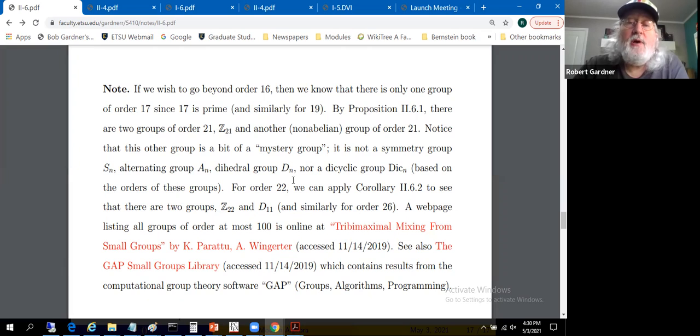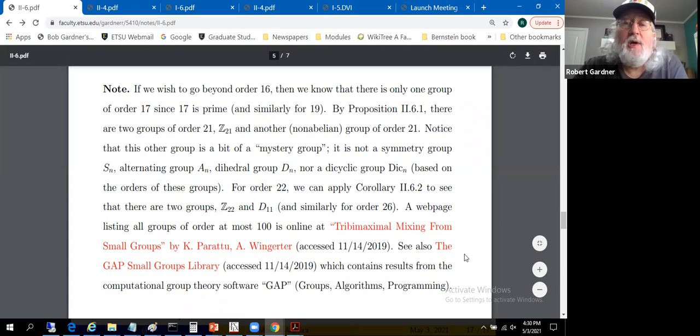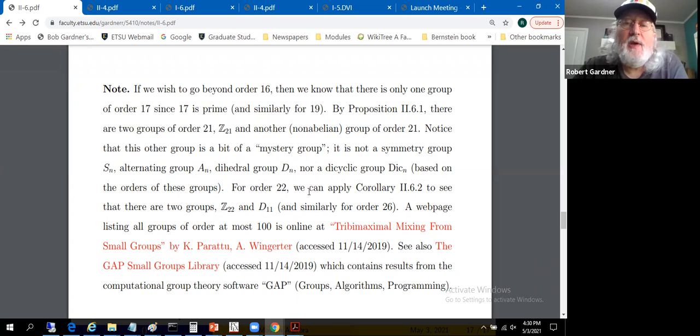Dihedral groups are of order 2n, 21's odd. Dicyclic groups were 4n. It's not 0 mod 4. So it's none of those. Even with a new category, the dicyclic groups introduced. Whatever group this is, it doesn't fall in any of those categories.